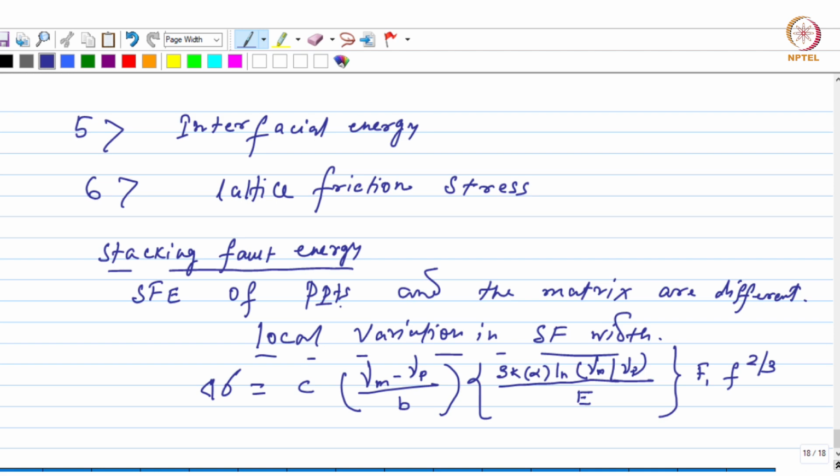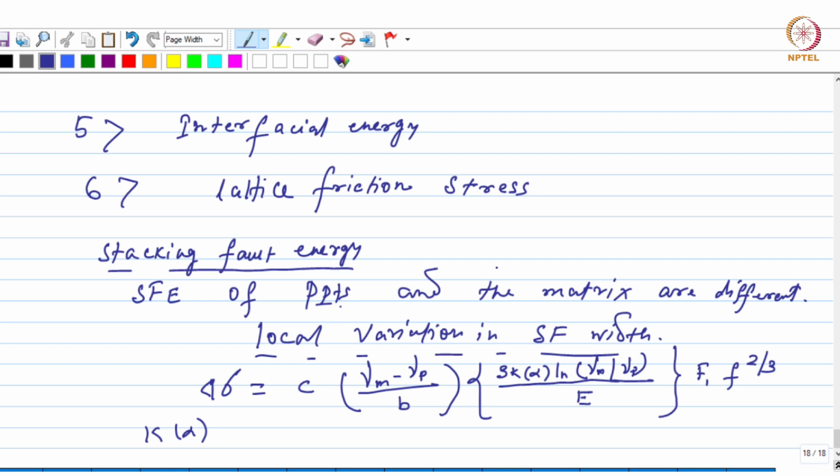Here, the term K alpha that you see is a product of the force separating the two partial dislocations and the distance between them. We have seen the stacking fault is created when a dislocation is split into two partials, and in between these two partials you have the stacking fault, right?